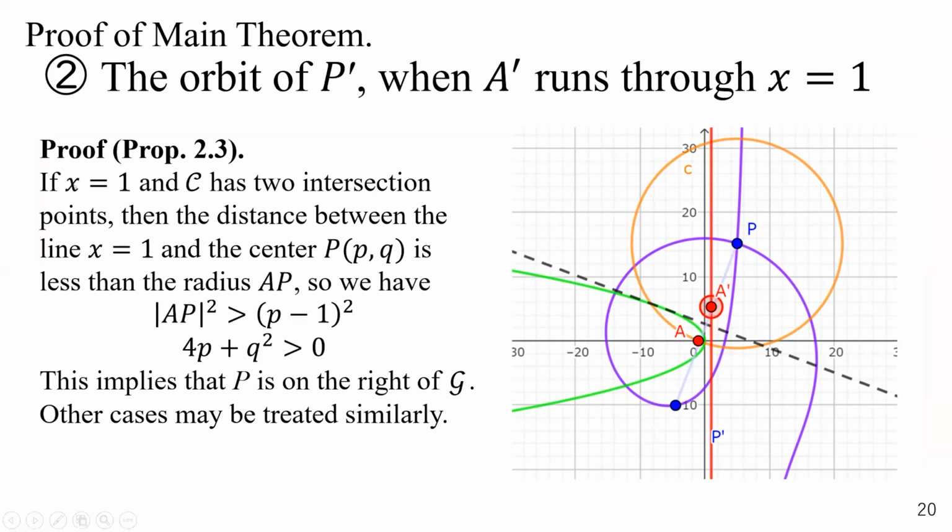If x equals 1 and C have two intersection points, then the distance between the line x equals 1 and the center P is less than the radius AP. So we have this equation. This implies that P is on the right of G. Other cases may be treated similarly.